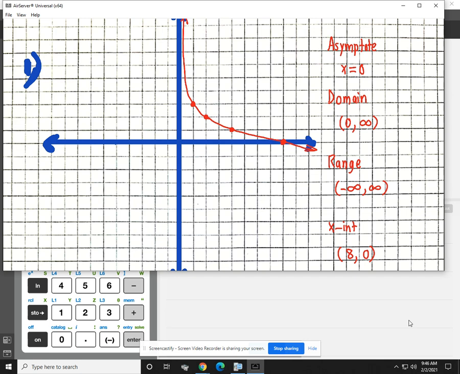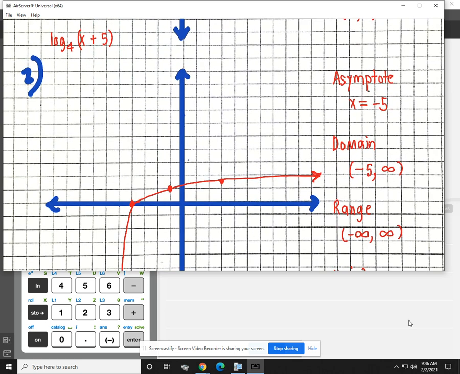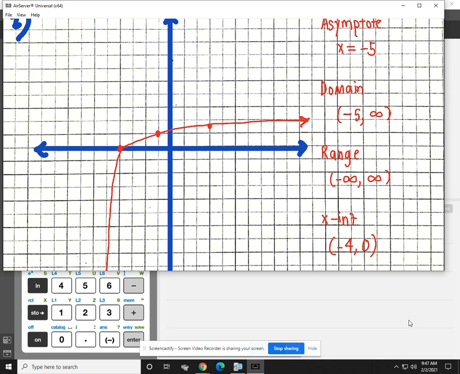All right, so number 2, if you notice, is a little different from the last one. Notice how x plus 5 was in parentheses? Again, that is telling you that it has a horizontal shift. And remember how the rule is? If it says x plus 5, it's actually a negative 5 horizontal shift. So that means the graph had to go left 5. And sure enough, if you look at your graph, did it go left 5?